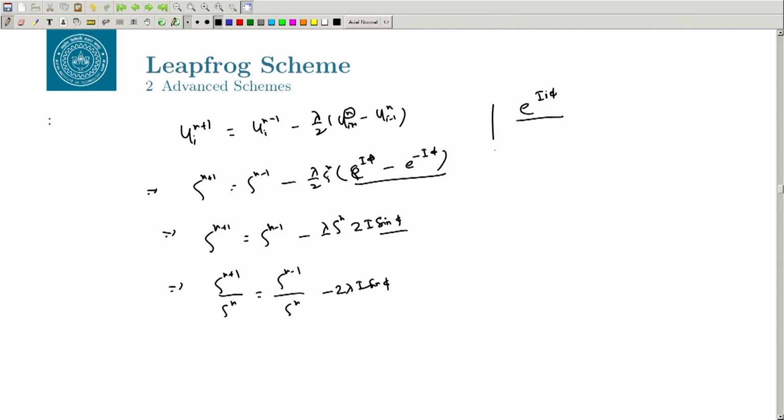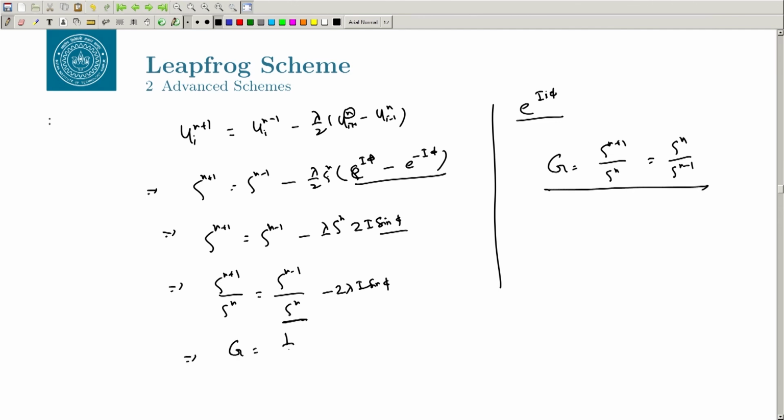Now, recall the definition of the amplification factor. G is basically g^(n+1) by g^n. That means the amplification factor should also be equal to g^n by g^(n-1), right. So, you can use this definition here. This will become G = 1/G - 2 lambda I sin phi, right.